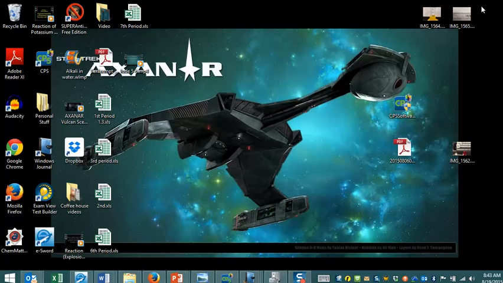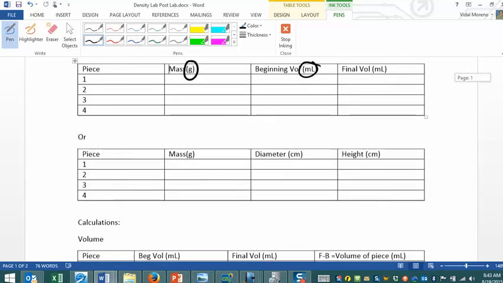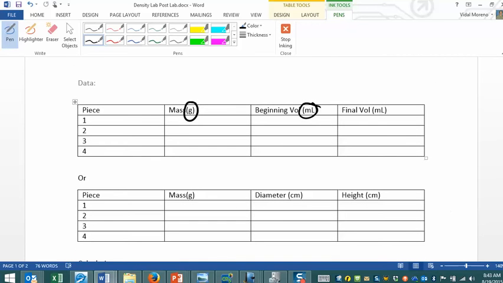But where does that go? Calculation section. So, Rachel and Carrie's data table should look something like this. Mass, diameter, and height. Right?